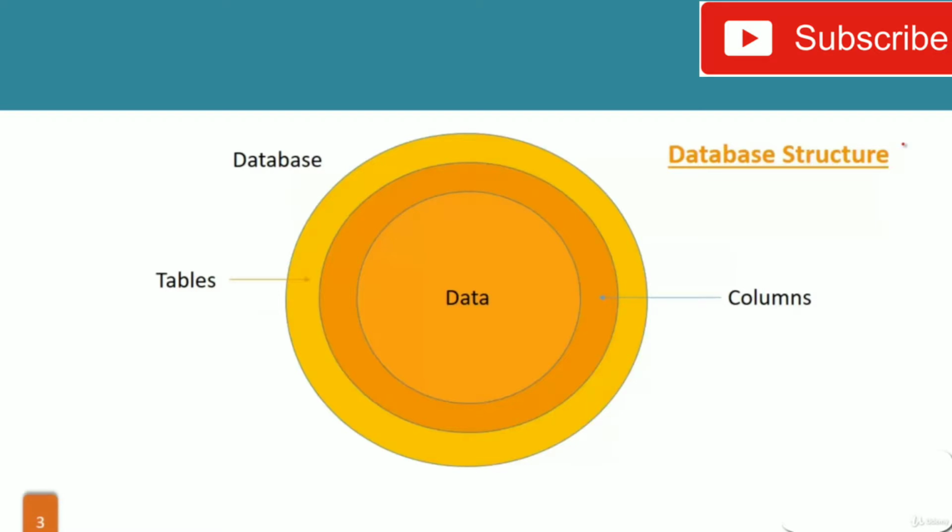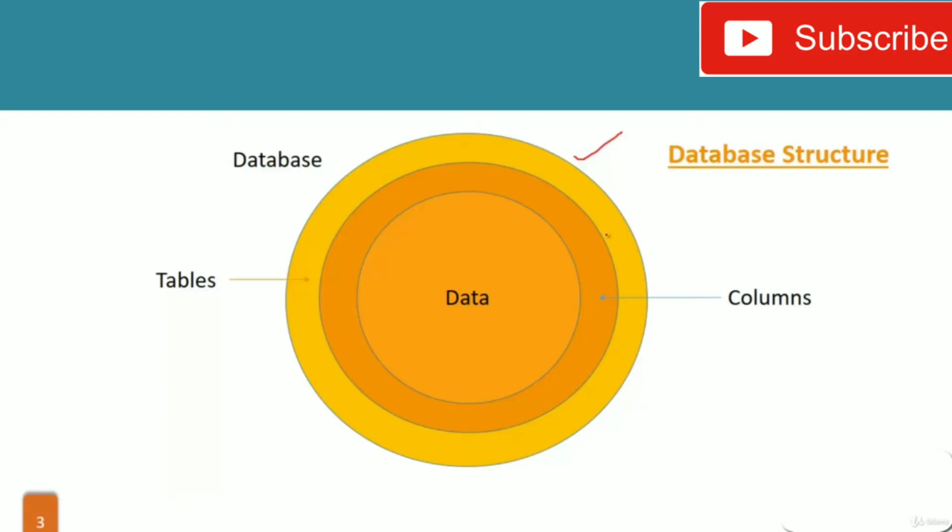Now if I talk about the database structure, we are talking about the backend or database, but if you don't know the database structure, then you are not able to attack. So we need to understand the general structure of a database, right? You can see this complete shell is called the database, right?